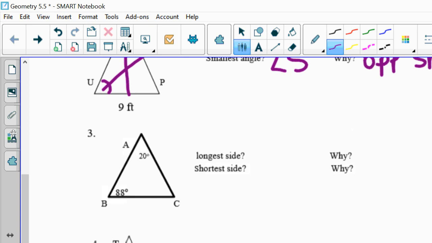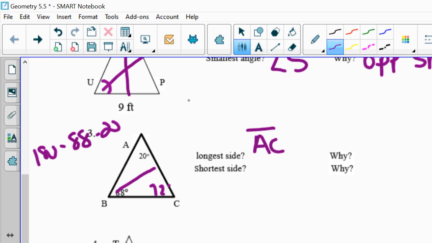So then number 3, all that they give me are 2 angles, right? 88 and 20. So I can go ahead and find that third angle because, again, remember all 3 angles have to add up to equal 180. So if I do 180 minus 88 minus 20, I find out that this angle down here is 72 degrees. So then the longest side, my biggest angle is 88. So my longest side would be side AC.